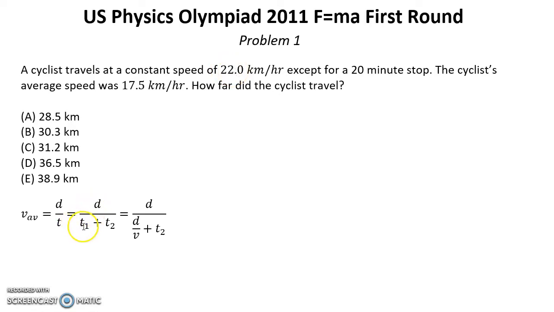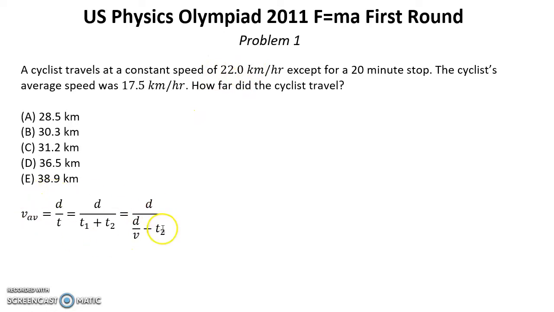And time equal time to travel with this speed, t1, plus time for stop, t2. And t1 is total distance divided by speed of 22 kilometers per hour.